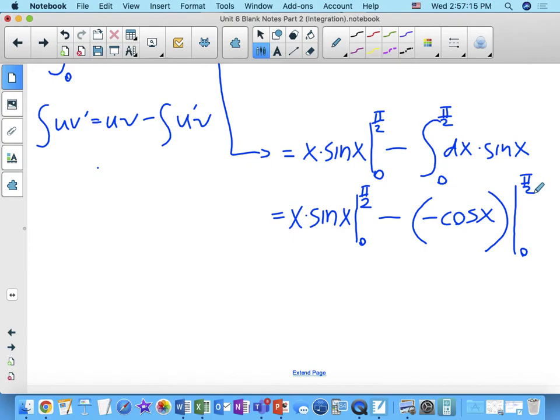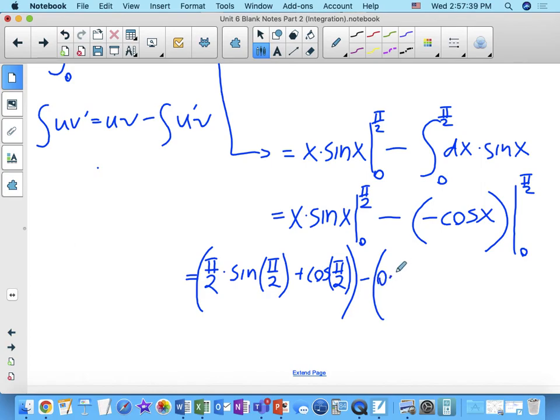So this is basically going to equal pi by 2 times sine pi by 2 plus cos pi by 2 minus 0 times sine of 0 plus cos 0.